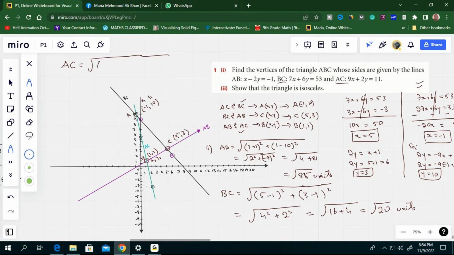This time A coordinates are x1, y1, and C coordinates are x2, y2: 5 plus 1 and 3 minus 10.